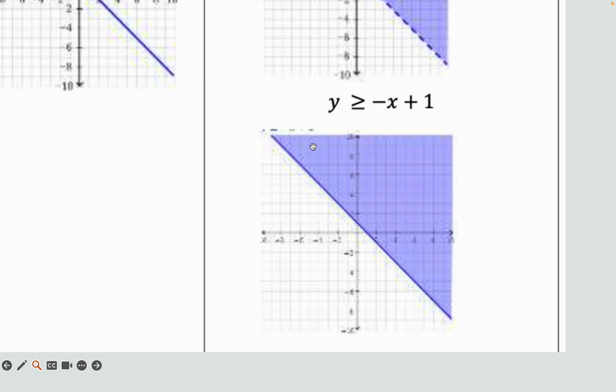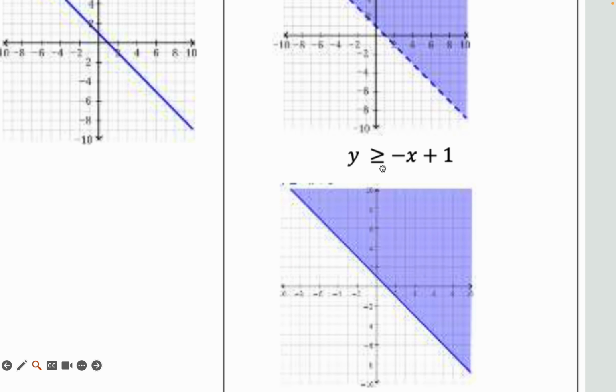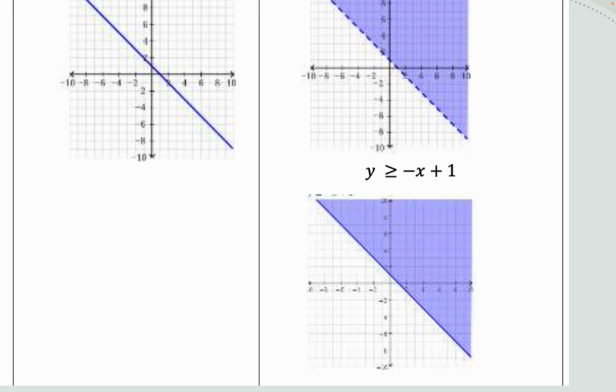When we say less than or greater than, you will use broken lines. If it is greater than or equal or less than or equal, we will use a straight line. In the next topic, we will discuss how to plot linear inequalities in two variables.